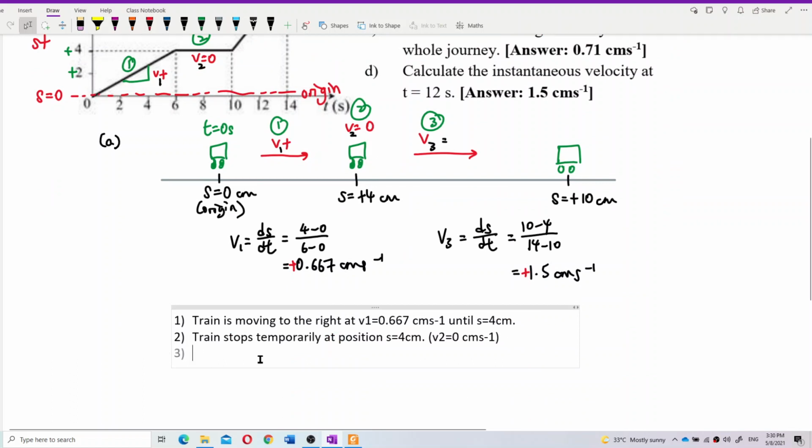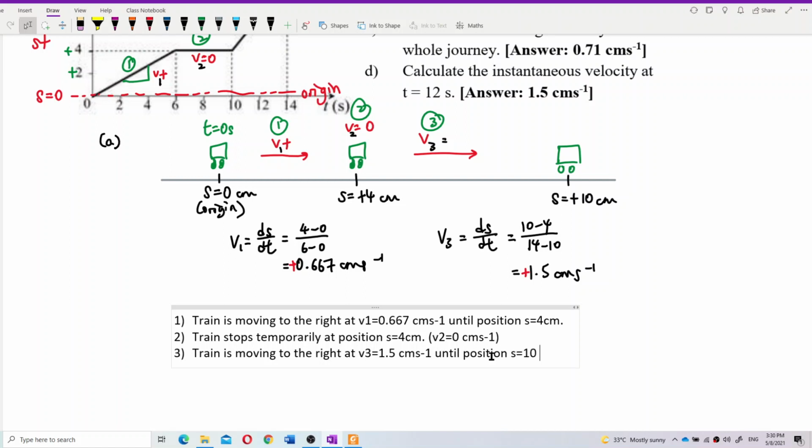So I can say the train is moving to the right at V3, velocity 3, 1.5 centimeter per second, until position s equal to 10 centimeter. Yeah, that's correct.